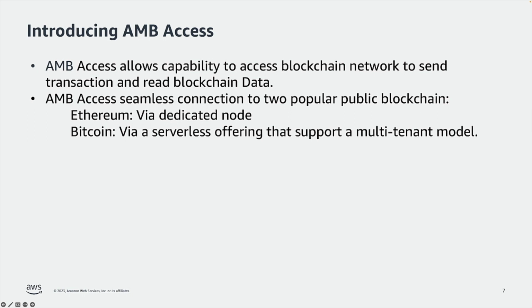AMB Access allows connectivity to the Bitcoin network via a serverless offering, whereas Ethereum Access is provided through a dedicated node for the Ethereum chain. Using AMB, customers can establish instant connectivity to Bitcoin and Ethereum networks to support use cases like digital asset custody, wallet, and tokenization.